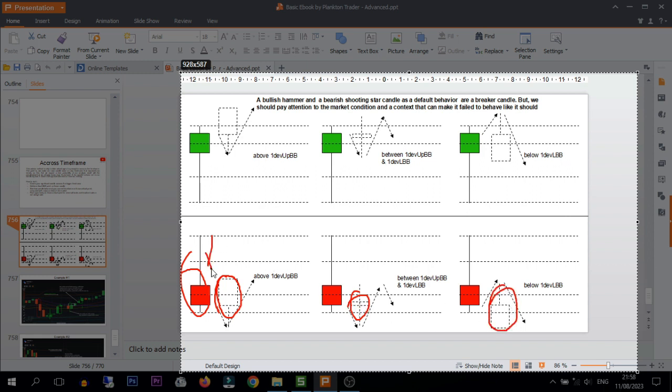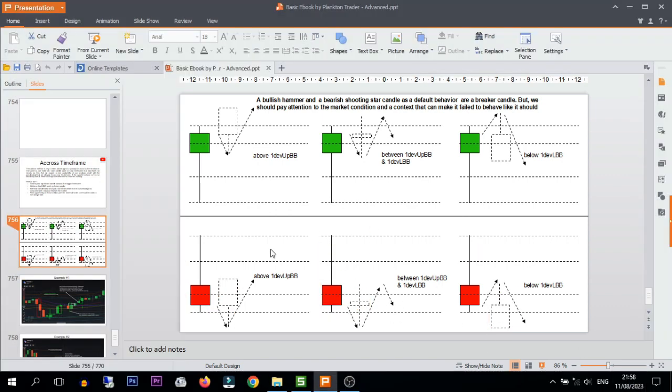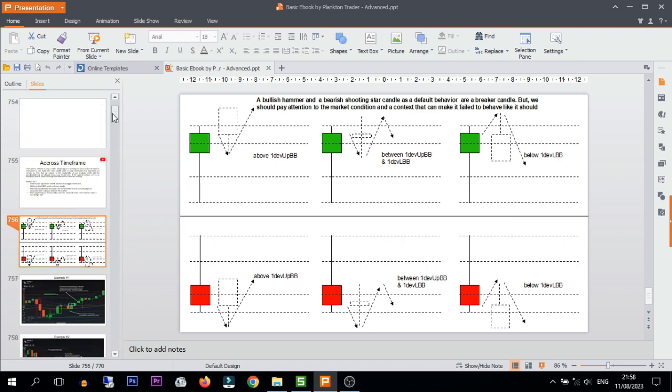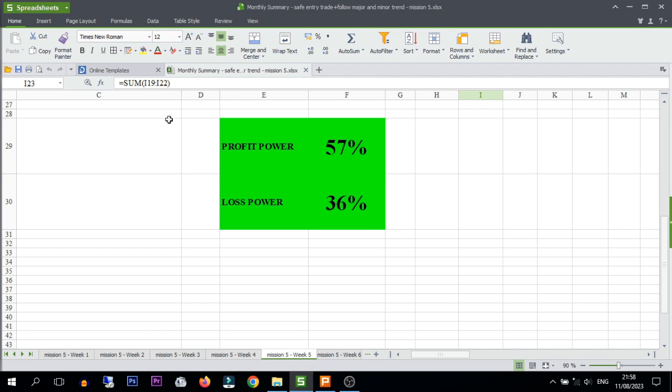For example, this shooting star, this shooting star, this shooting star. So you have to understand where this shooting star is happening, and what situation makes the probability much higher to get profit.